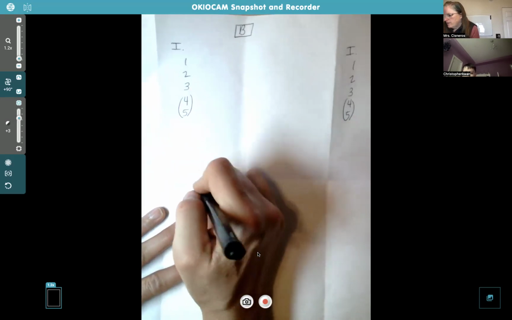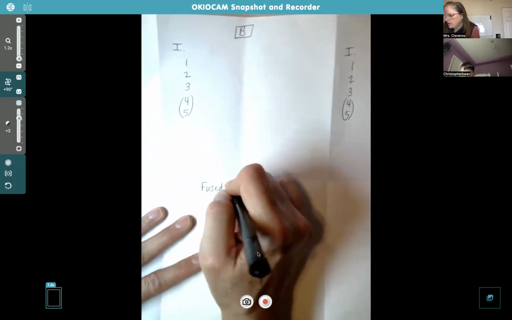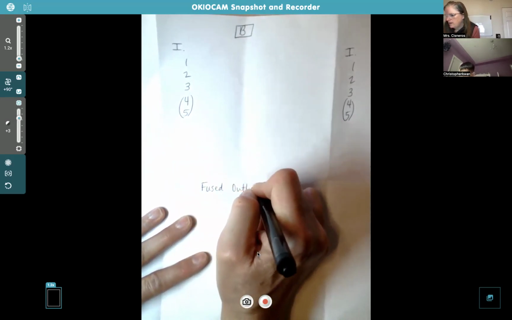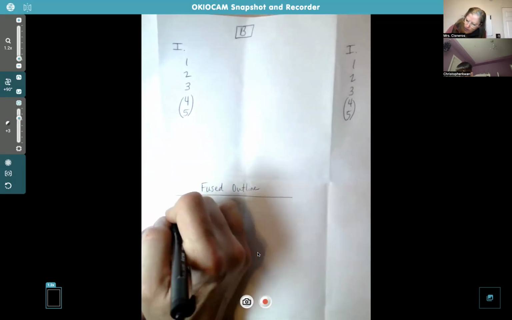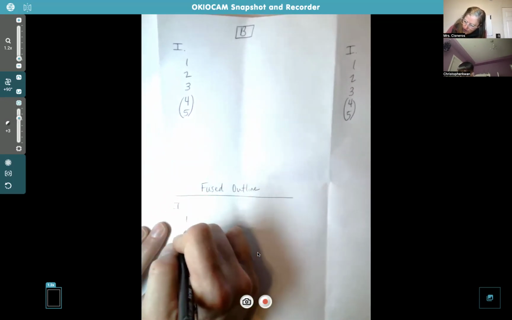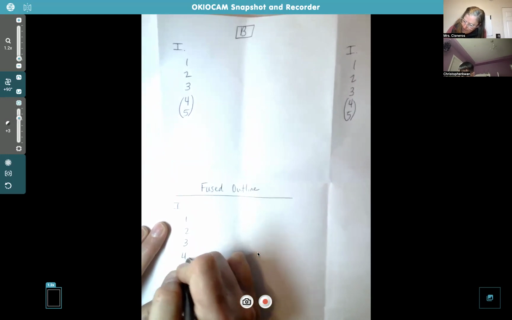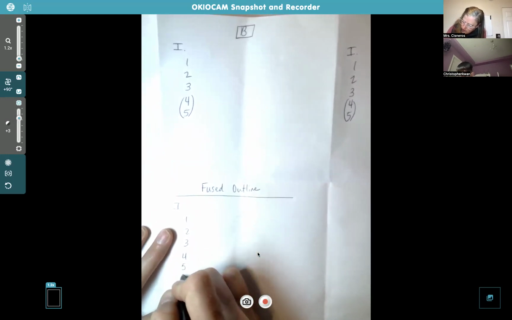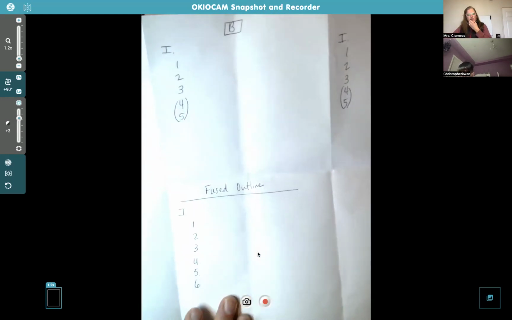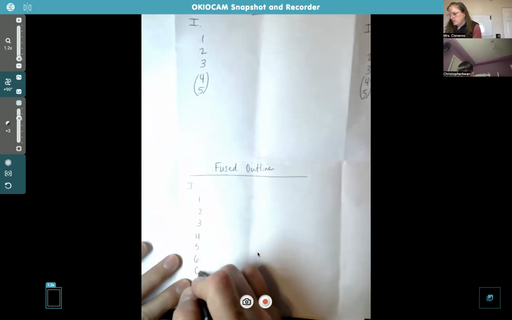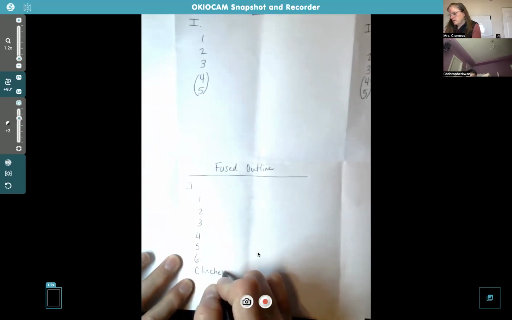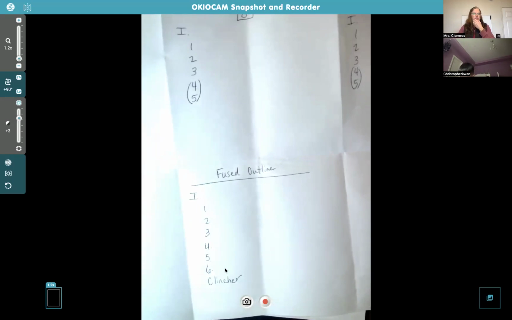And then the fused outline. This one is going to be Roman numeral 1 and 1 through 6. I'll give you a second to get all that down. Clincher here too, to remind you about the topic clincher.